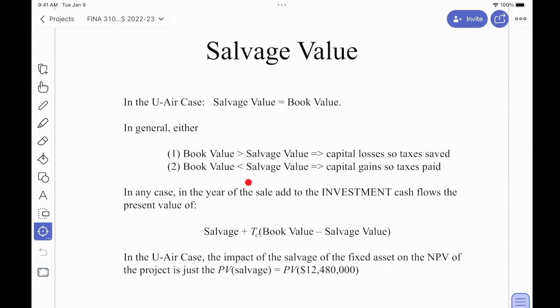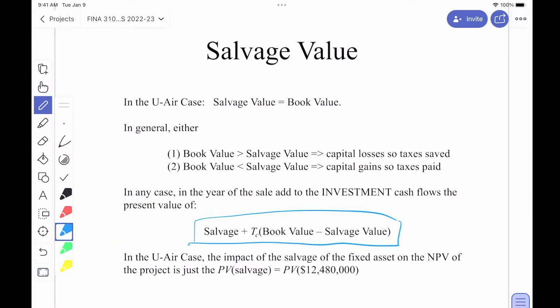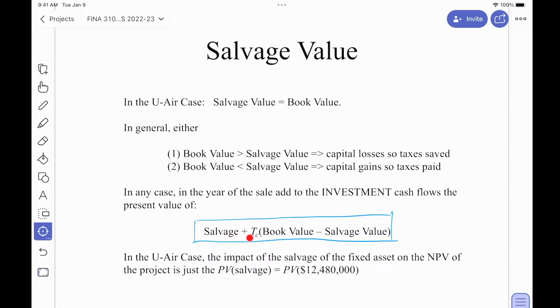If you sell the asset for more than the book value, then you have to report essentially a capital gain that results in you paying taxes, right? So there's this extra calculation that needs to be made to determine the salvage at the end of the project, or when you're selling the asset.